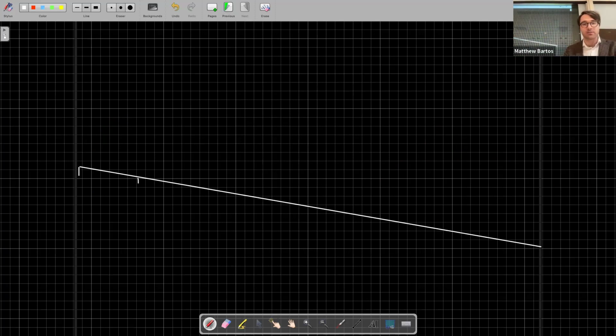So 1, 2, 3, 4, 5, 6, 7, 8, 9, 10. And the nodes 0, 1, 2, 3, 4, 5, 6, 7, 8, 9. And let's say the distance between each of these increments is delta x.